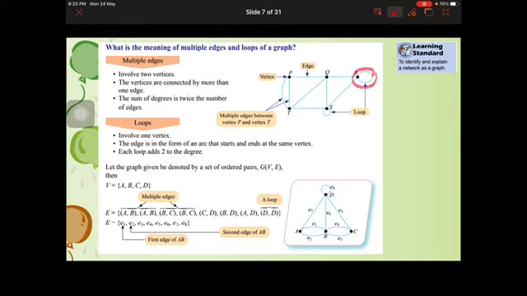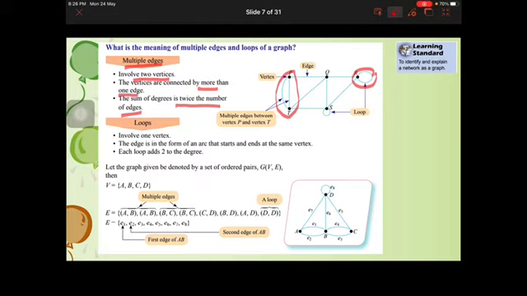Multiple edges means two vertices are connected by more than one edge. That is the meaning of multiple edges. Then the sum of degrees is twice the number of edges. This is what we have learned before in simple graphs. It's the same thing. Now, how about loops?